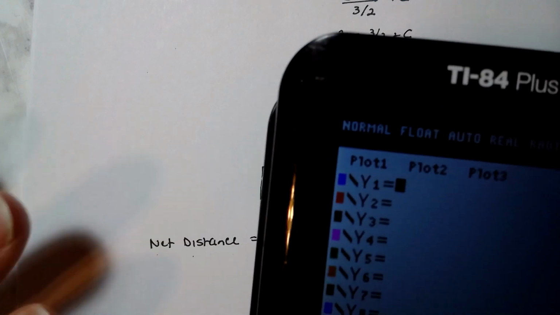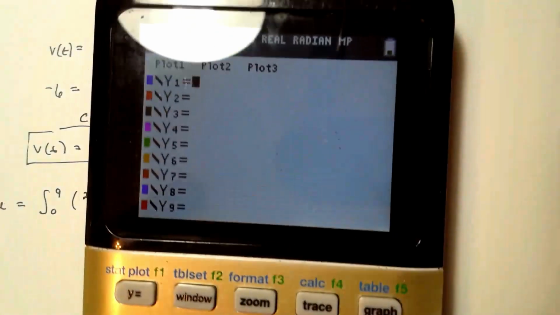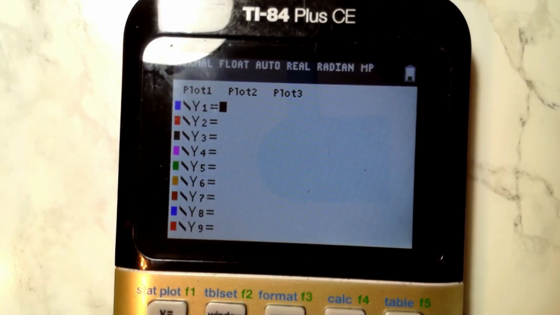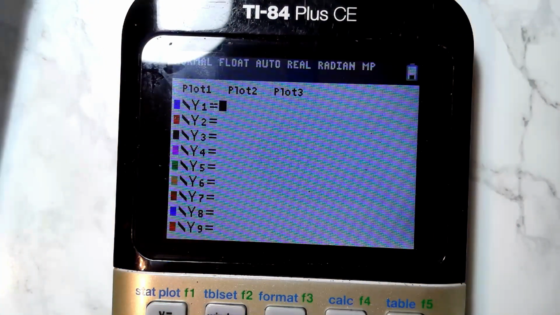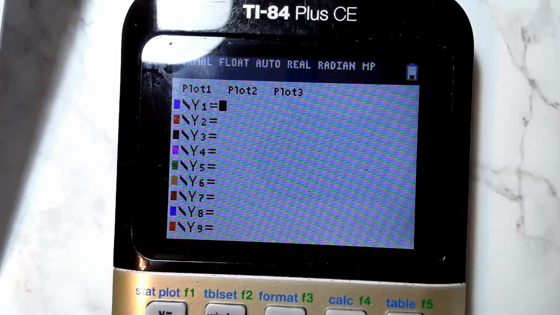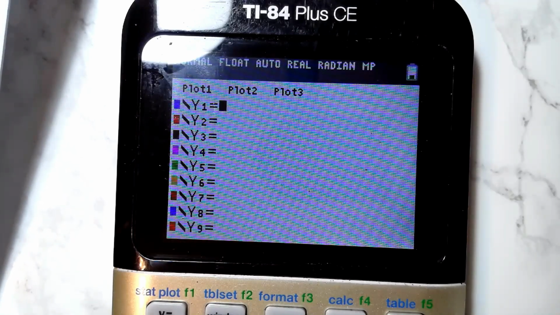So we're going to take our calculator and input this function. Again, I'm heavy on the parentheses, as you know, because if you make a mistake with parentheses, you're going to get the answer wrong, so just be careful.